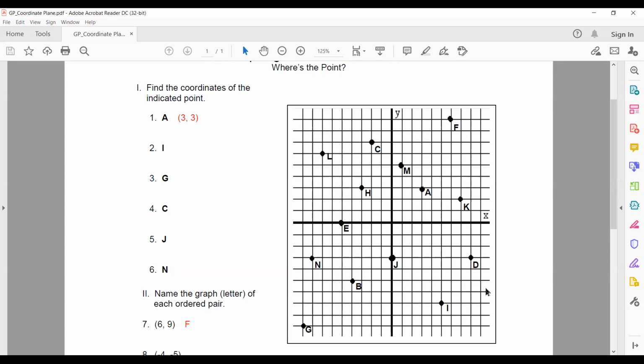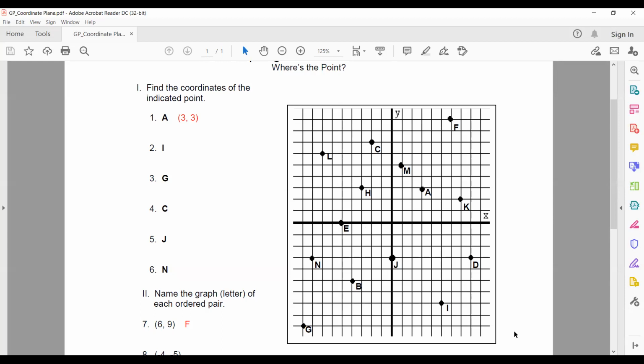And who was that at home? Is that Esma? Sama. Okay, thank you. You're welcome. All right. So the next one, G, that's way down there in quadrant 3. -9, -9. Everybody agree on that? Yes. All right, good.